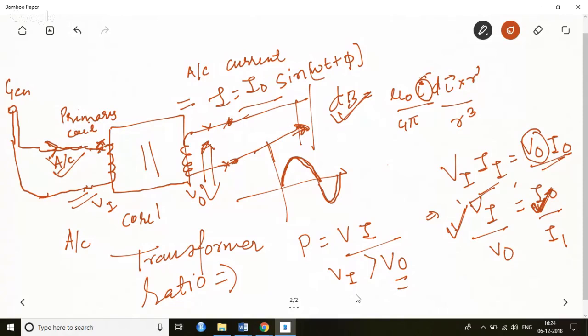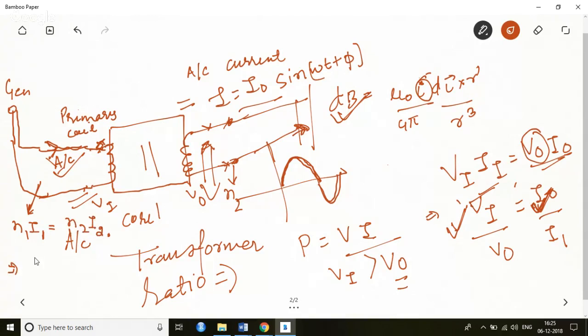The coils are of the same material on both sides, but the number of turns is not the same on both sides. So there is another relationship which says that if N1 turns are here and I am sending a current I1 to the primary coil, and in the secondary coil N2 turns are there, then N1 I1 will be equal to N2 I2.